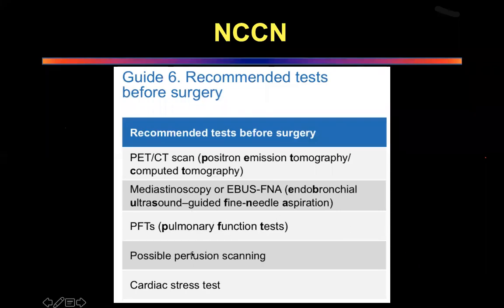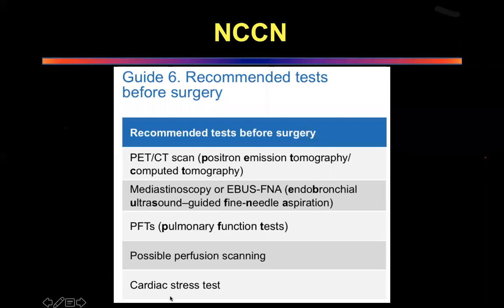PFTs are mandatory because they give you a good inclination on what is the performance status of the patient. Sometimes you might even use perfusion scanning of the lung to understand the baseline lung capacity of this patient. Is he going to be fit for surgery or not?